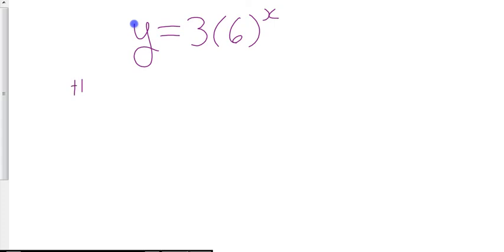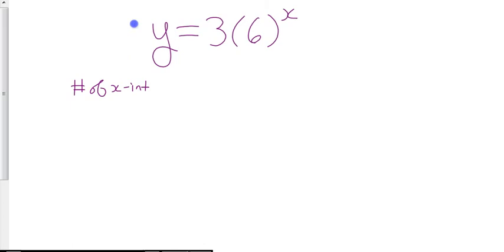All right. Do a couple more things. I'm going to write this. Y equals 3 times 6 to the power x. I don't want you to graph this, but I want your prediction as to the following characteristics, right? So, number of x-intercepts, actually we can move this over a bit.